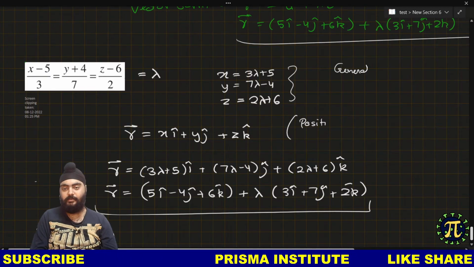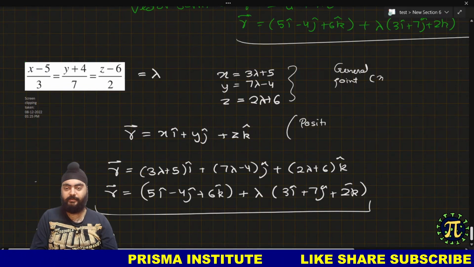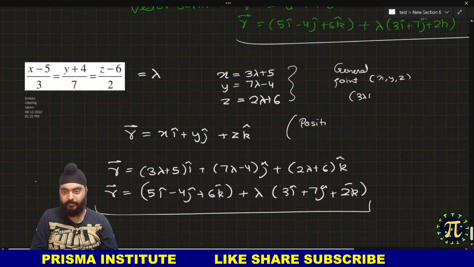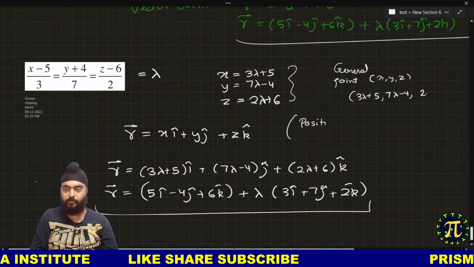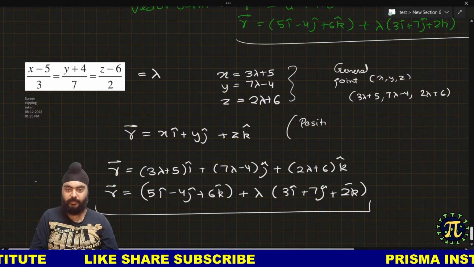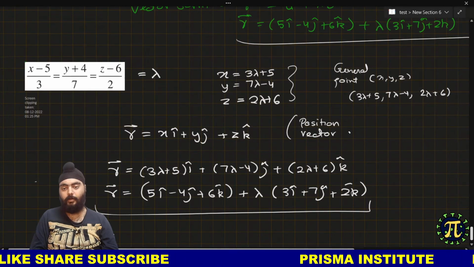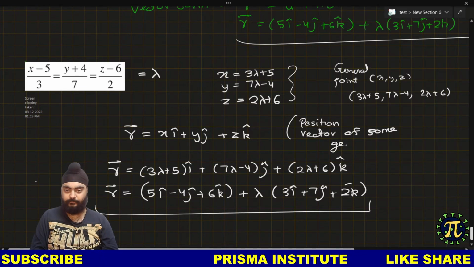We learned this today, right? The general point on the line is x, y, z, which in this case is (3 lambda + 5, 7 lambda − 4, 2 lambda + 6), and this is the position vector of some general point on the line.